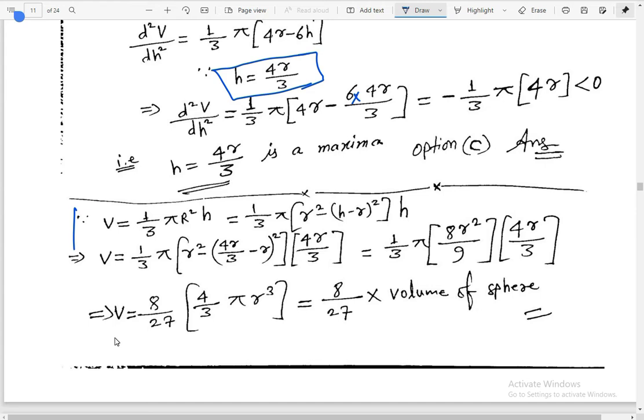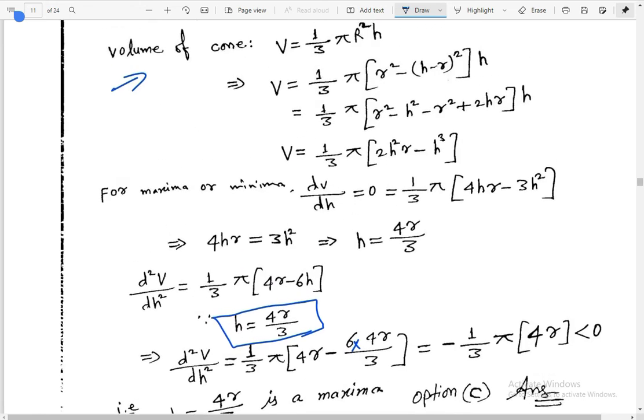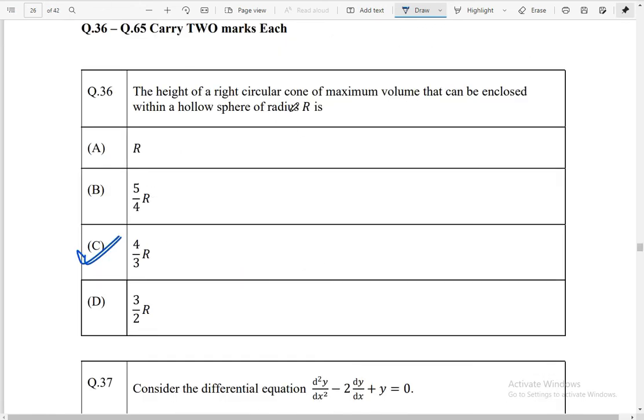If we put the value of h equal to 4r by 3 and solve, finally you will get a constant value 8 by 27, and remaining you will see 4 by 3 pi r cube, which is actually the volume of a sphere. It means the volume of the cone is 8 by 27 times the volume of the sphere. So this is a question for when the right circular cone of maximum volume is enclosed in the sphere, what should be the height?